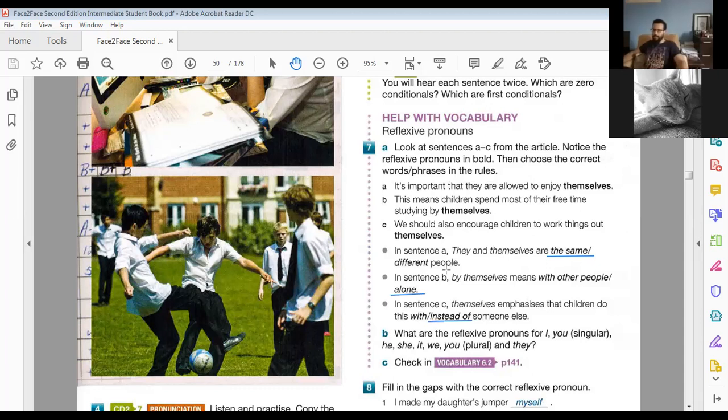Can you see question B? What are the reflexive pronouns for I, you singular, he, she, it, you, and they? What are the reflexive pronouns?